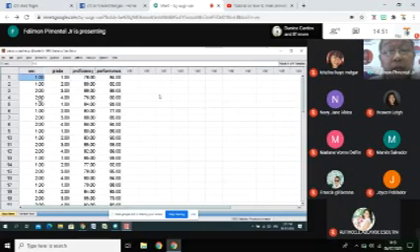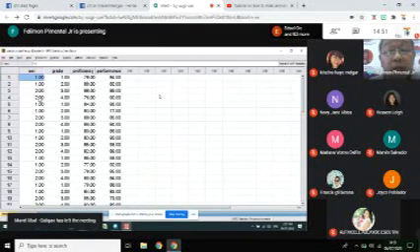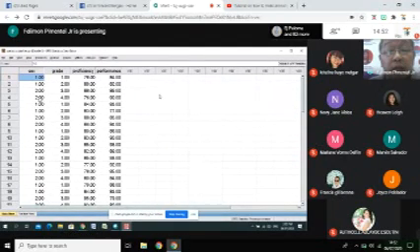so we can have the non-parametric analysis. Since we are talking of sex, and sex is categorized as male and female, it has 2 categories. So for the independent test, the counterpart in the non-parametric is the Mann-Whitney.